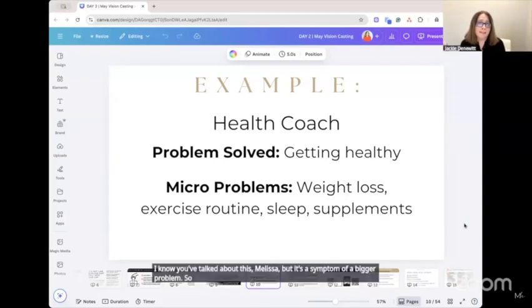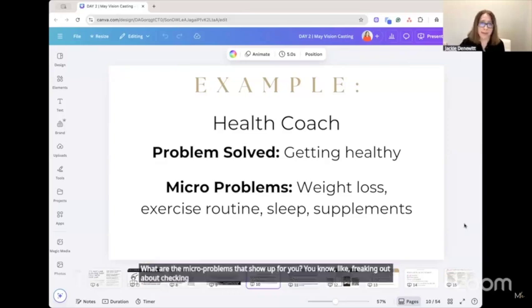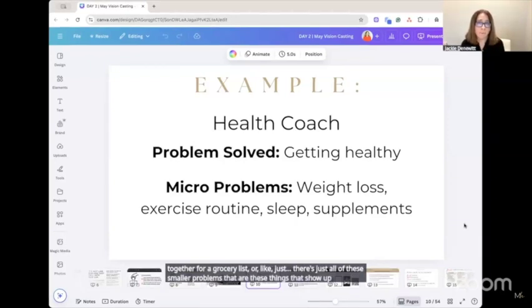So let's say that you're maybe in debt. What are the micro problems that show up for you? Like freaking out about checking your bank account, or not knowing how to put a budget together for a grocery list, or there's just all of these smaller problems that show up that are a real pain to people in everyday life.